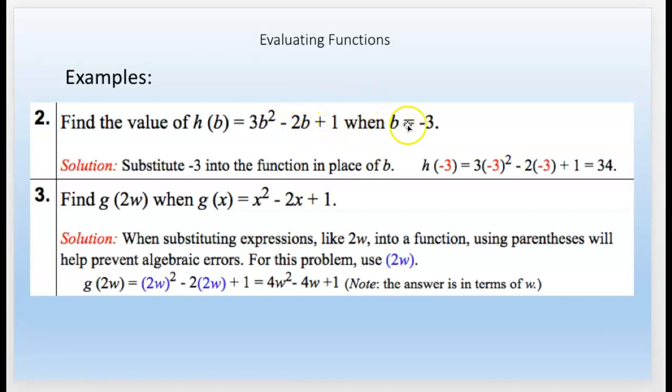They're saying when b is -3, so plug in -3 wherever b is. So here it is 3 times (-3) squared minus 2 times (-3) plus 1. It helps to use parentheses to avoid some errors.